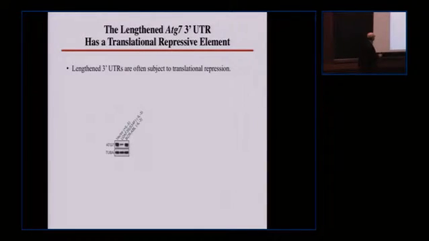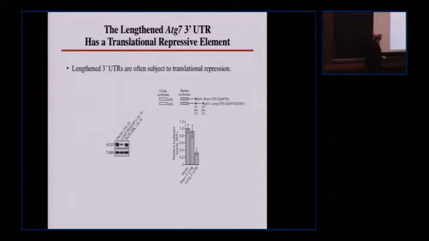You can see that the control cells and the BCR-ABL transformed BAF3 cells contain much higher levels of ATG7 than the U2AF35 transformed cells. And we could further confirm that this long 3' UTR is a translational repressive element because we can fuse it to a luciferase reporter gene and show that it results in decreased luciferase activity.